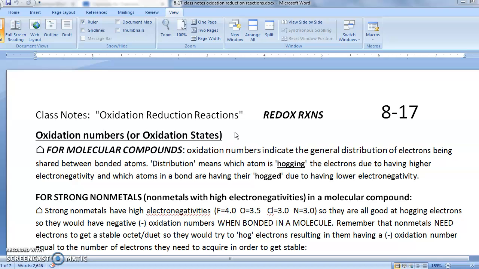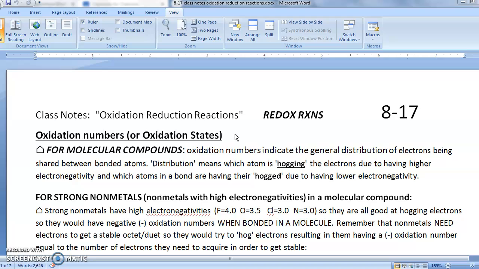For molecular compounds, oxidation numbers are really just trying to indicate the general distribution of electrons being shared between bonded atoms. When they're talking about distribution, they're talking about who is trying to hog the electrons. Remember, elements that have higher electronegativities are better at pulling electrons to them.